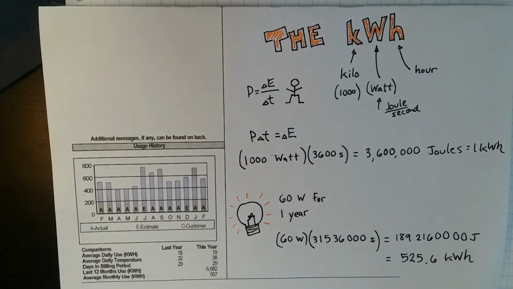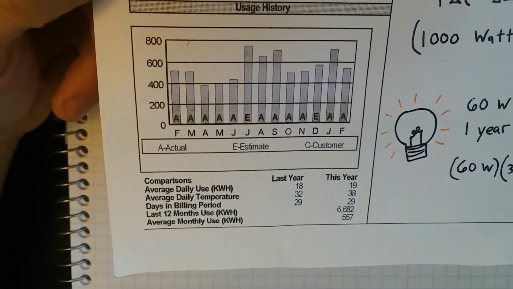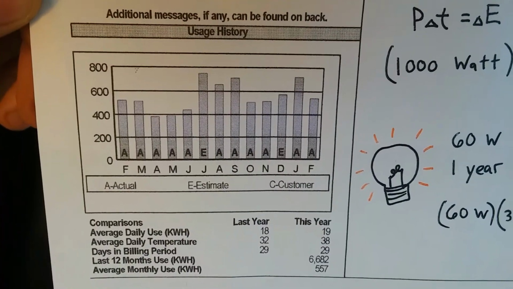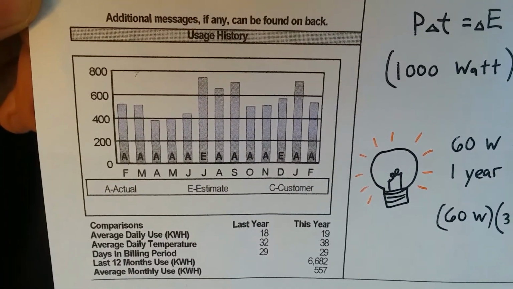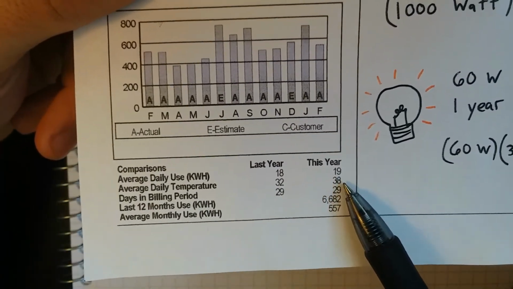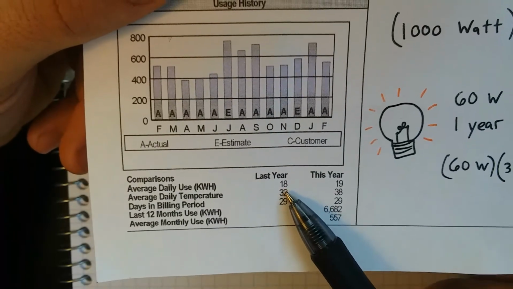I have printed out my power bill from my power company, and on here, I have my average daily use of kilowatt hours. And it looks like my family this year used about 19 kilowatt hours per day, when this time last year we only used 18.